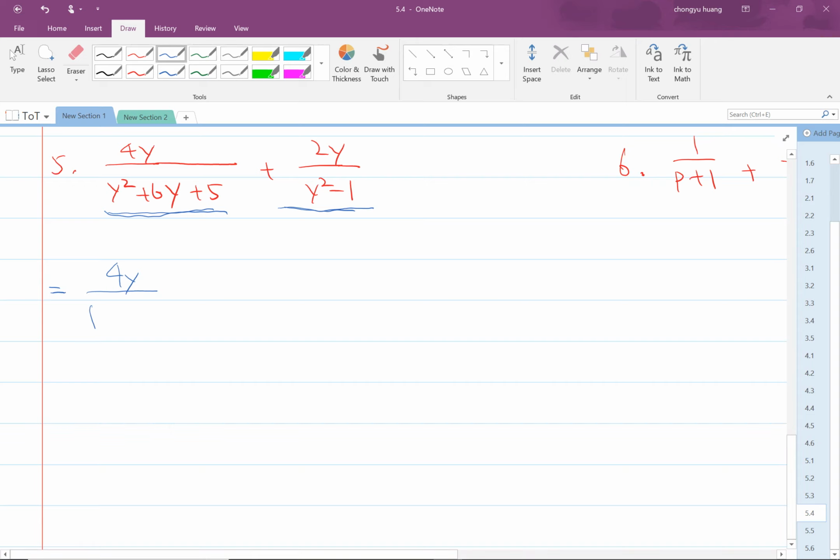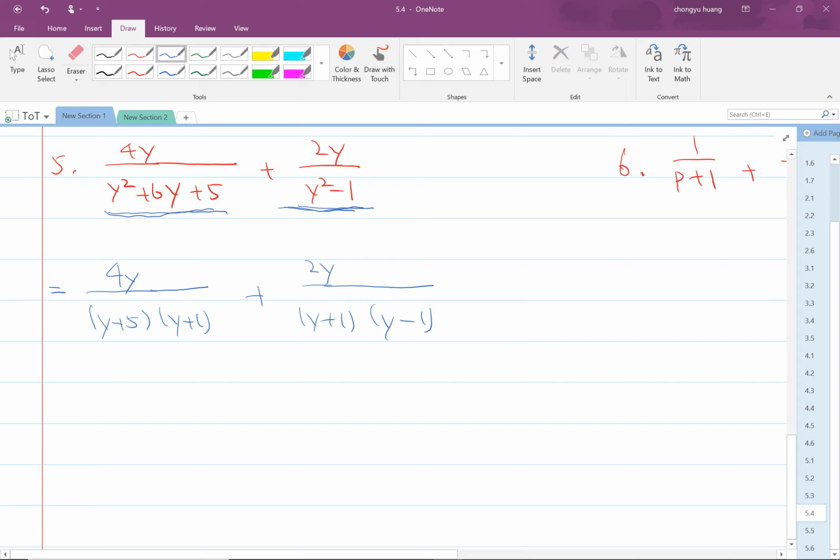So you can simplify this one, right? And for the next term we have y squared minus 1, so it's y plus 1 and then y minus 1, right? Great.